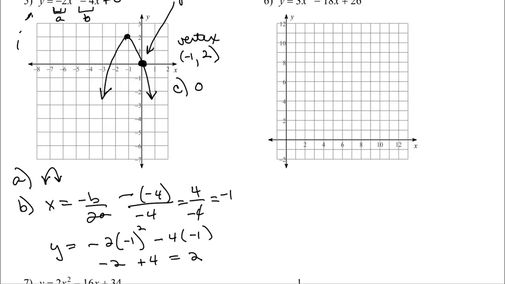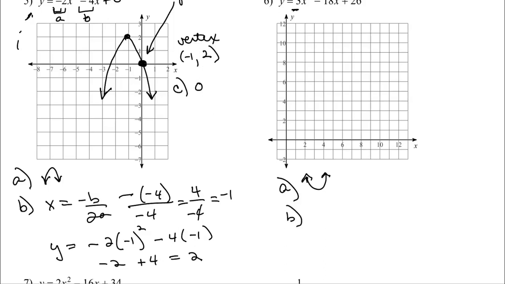Okay, let's look at 6. 6 is different because finally the leading coefficient is not negative. So when it's not a negative leading coefficient, it means that your parabola is shaped like a smile. It's shaped up. Okay, so positive leading coefficient, you have an upward facing parabola.